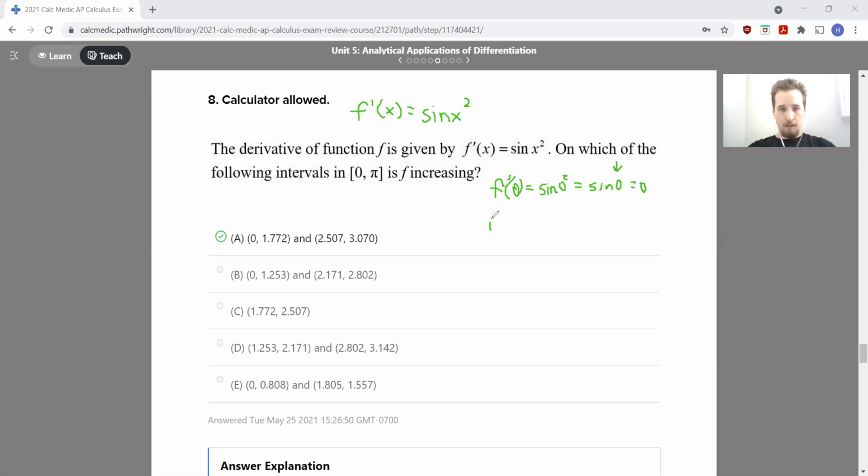If we get f prime of pi, we get sine of pi squared.